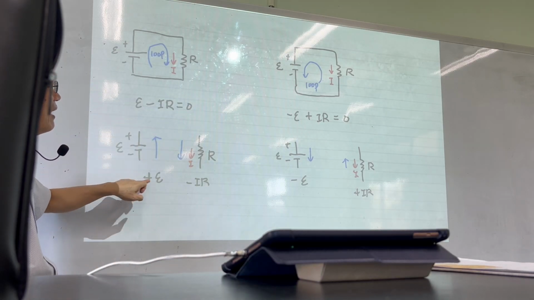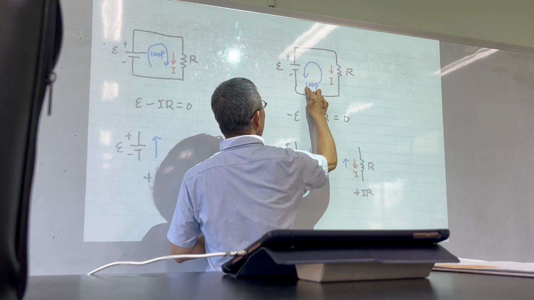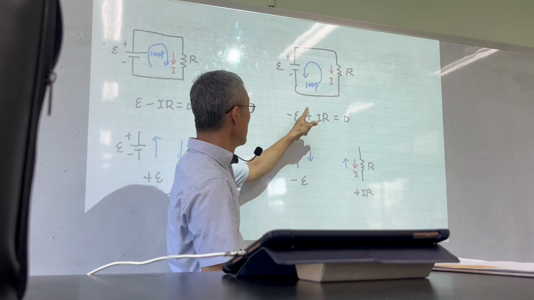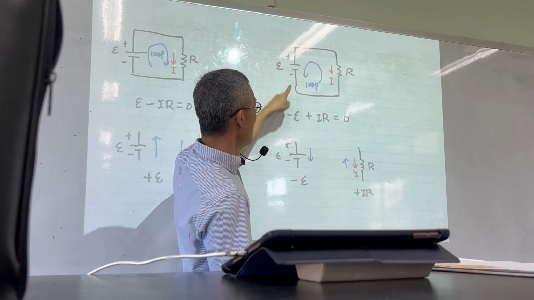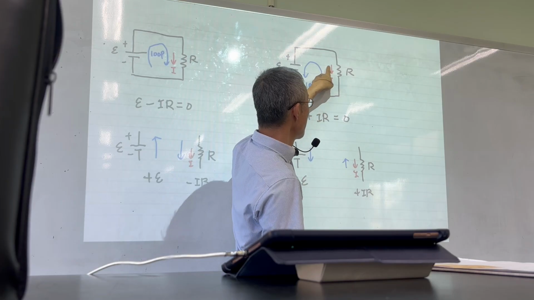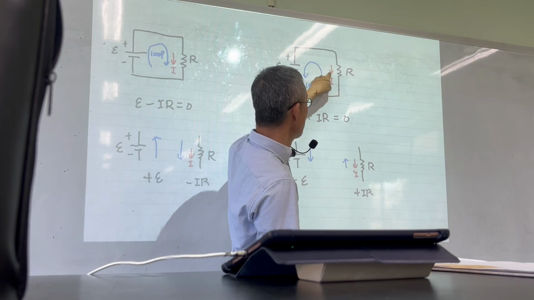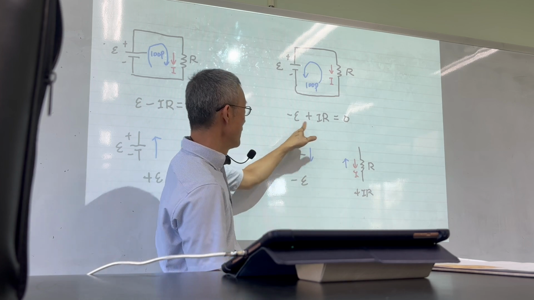Okay. Now if you decide the loop direction goes the other way, when the loop direction passes through the battery from positive to negative, it becomes negative E. Then when the loop direction is opposite to the direction of current, the potential difference will increase by IR.